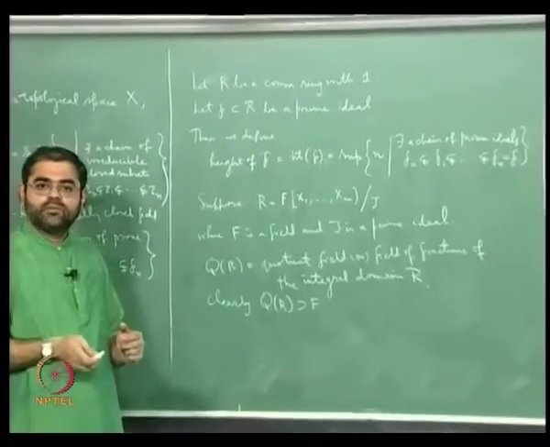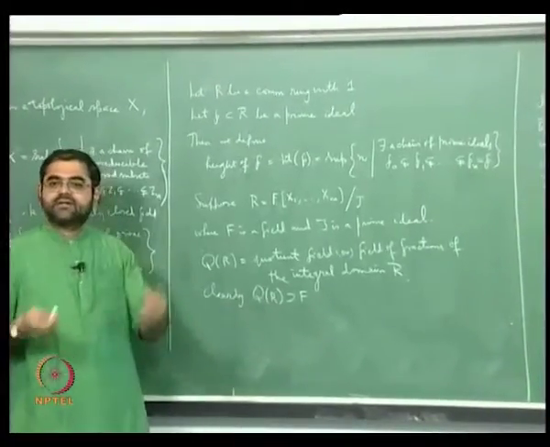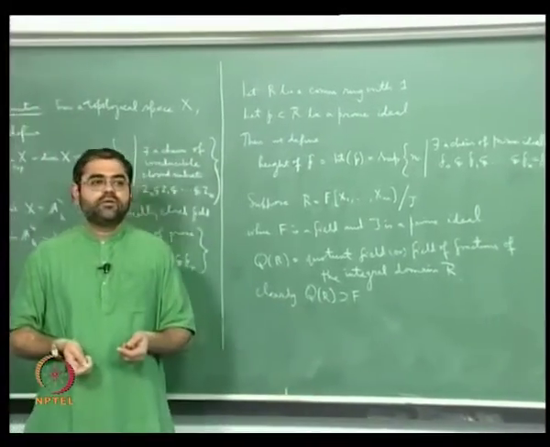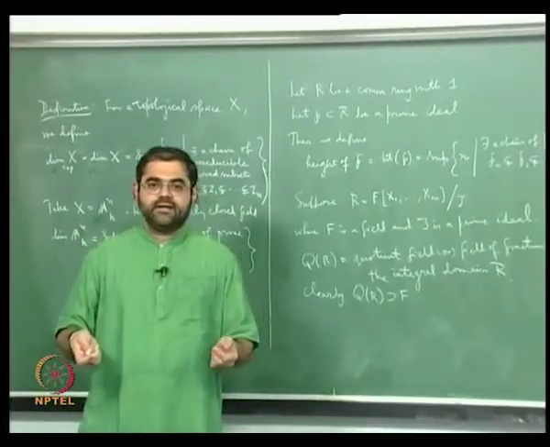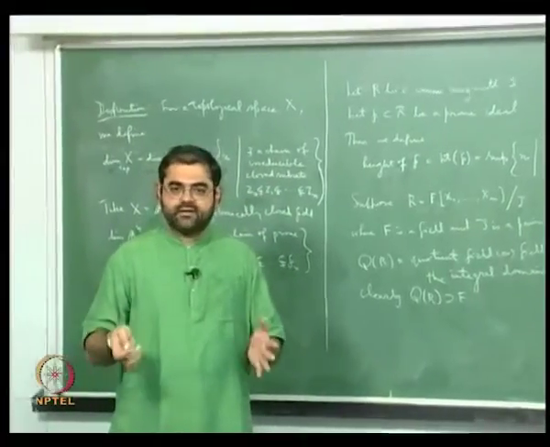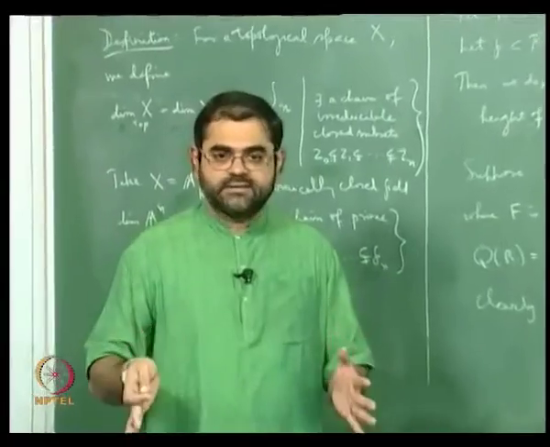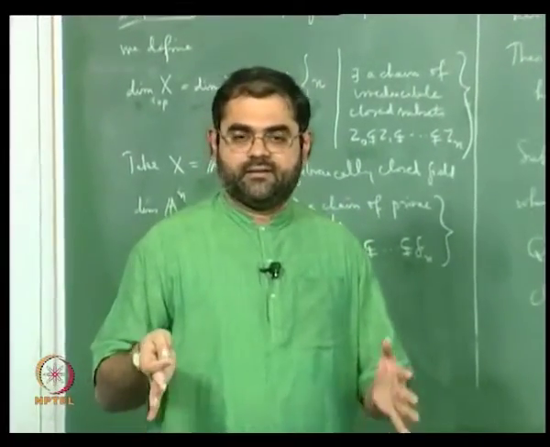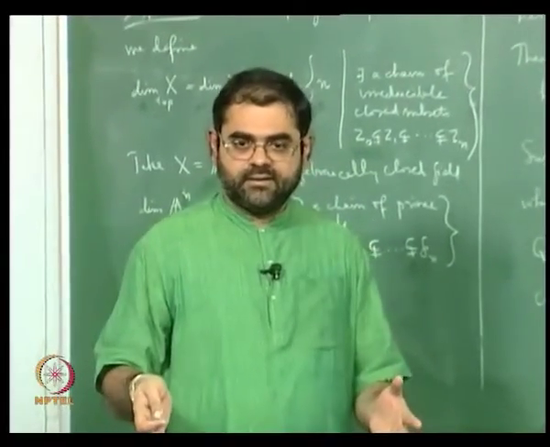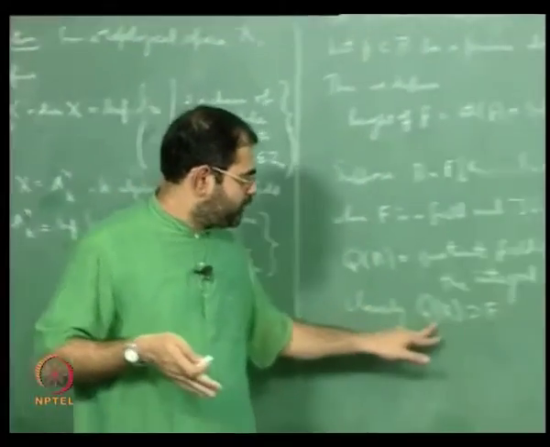Now, just like in the vector space situation, where you took a maximal linearly independent set and took its cardinality and called it the dimension, you do the analogous thing here.